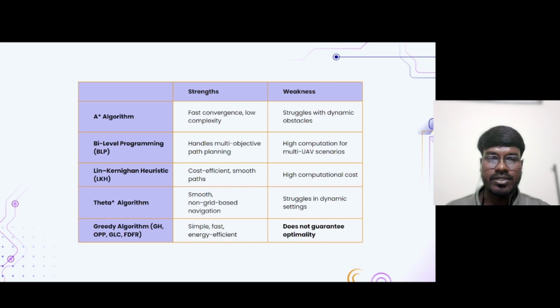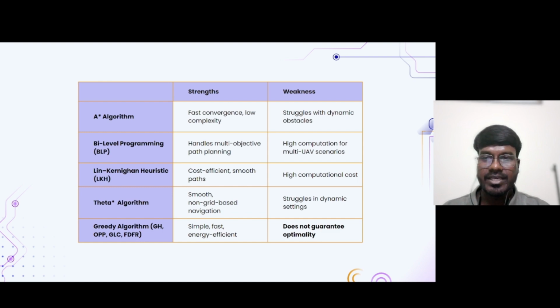Dijkstra algorithm helps for shortest path, and greedy best first search is used for fast exploration using heuristic. The weakness in the A-star algorithm is its struggle with dynamic obstacles.